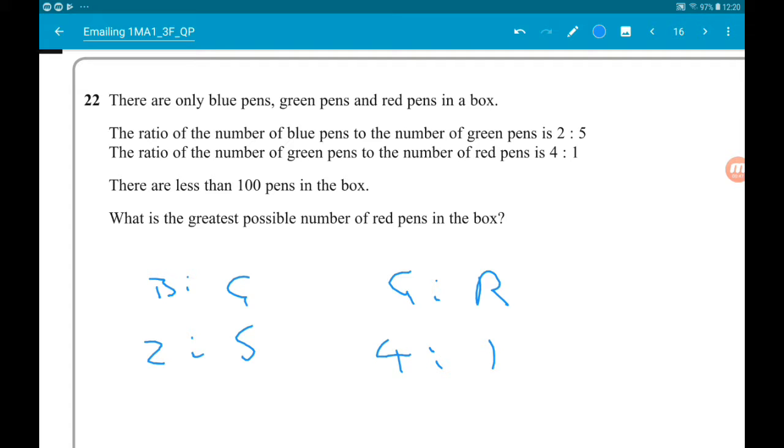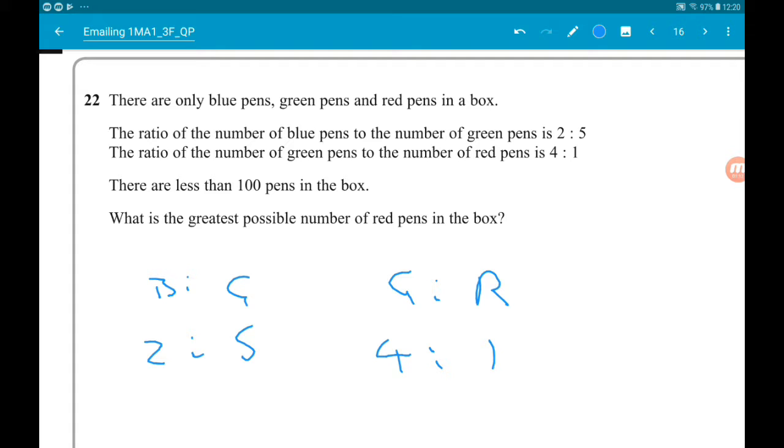Okay, then we're told there are less than 100 pens in the box. What is the greatest possible number of red pens in the box? Okay, so what we're going to need to do is combine these two ratios into a single ratio.